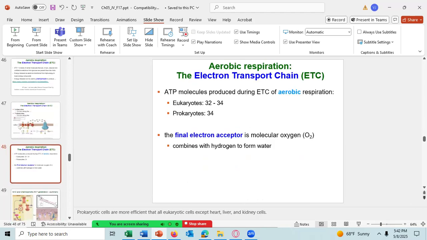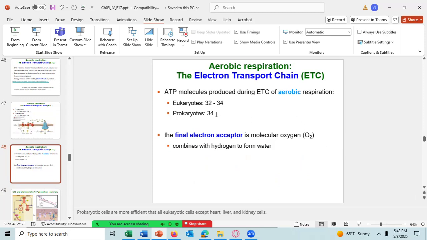In the electron transport chain, ATP molecules are produced at high levels in aerobic respiration. In eukaryotes, you make in the electron transport chain either 32 or 34 ATP molecules per molecule of glucose. Prokaryotes are a little more efficient.